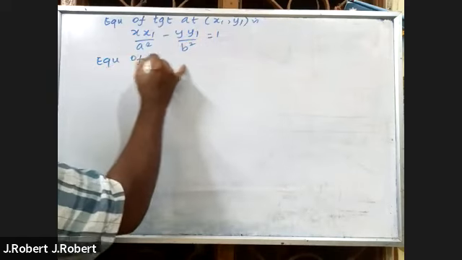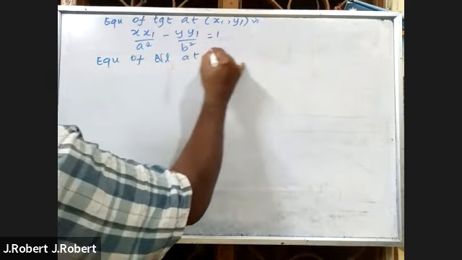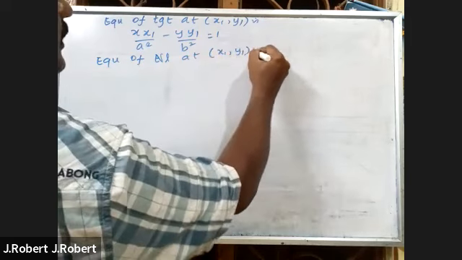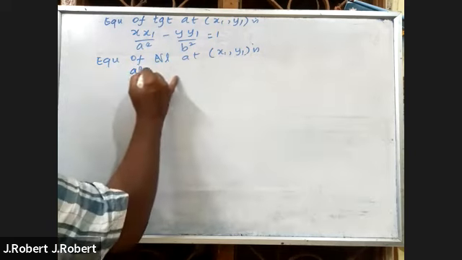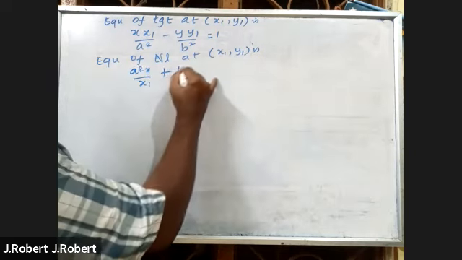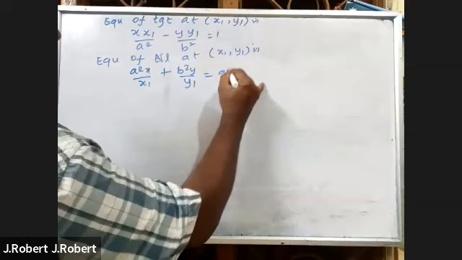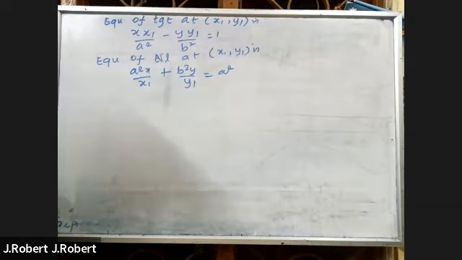The next one, equation of normal at x1 comma y1 is a square x by x1 plus b square y by y1 is equals to a square plus b square.